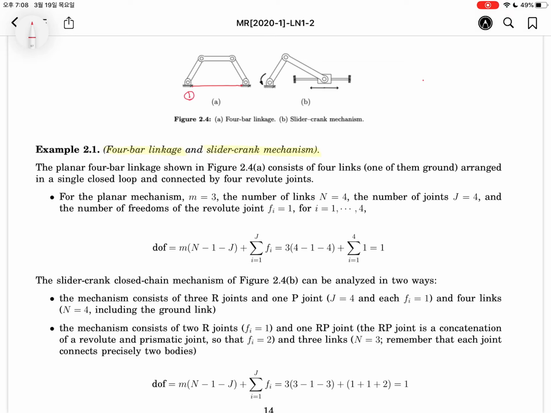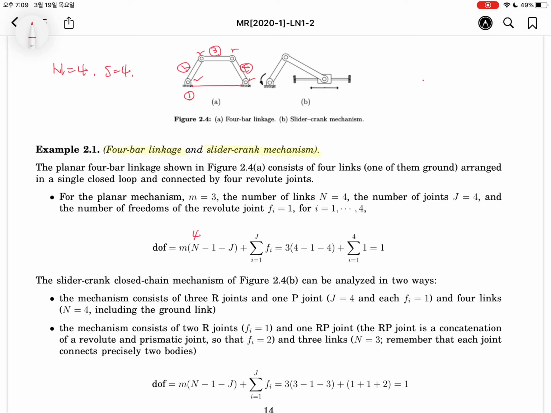The ground is the first link, and then link 2, link 3, and link 4. Let's count the joints: 1, 2, 3, 4. So n is 4, the number of links, and J is 4. So let's apply the Grubler formula.